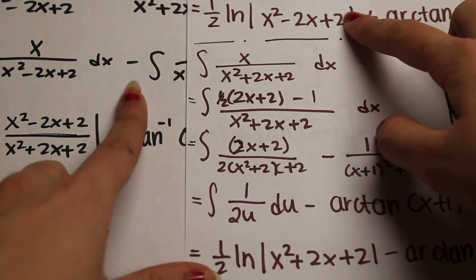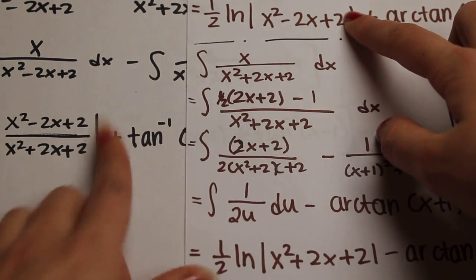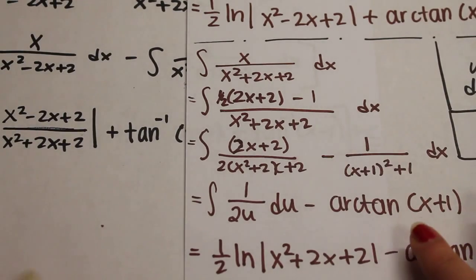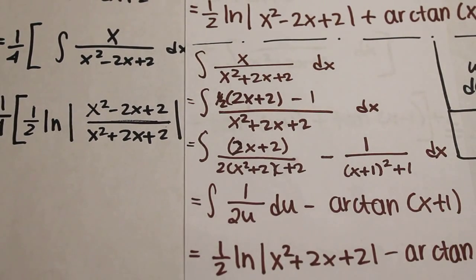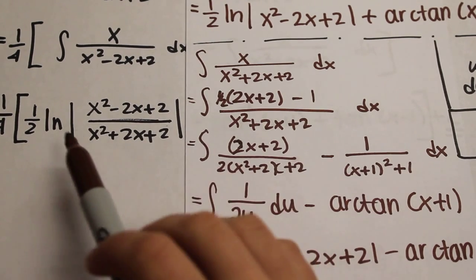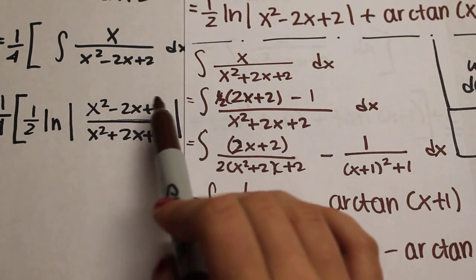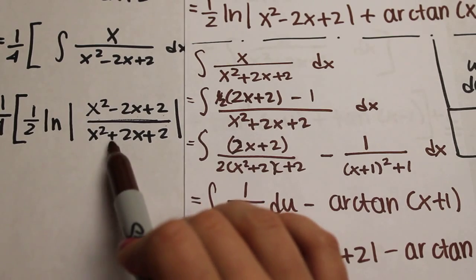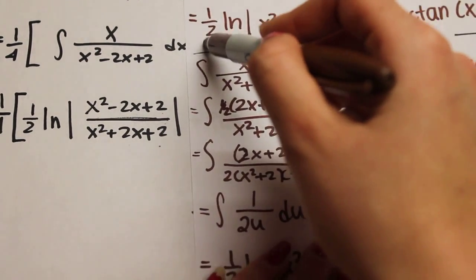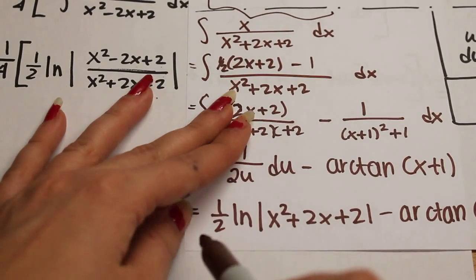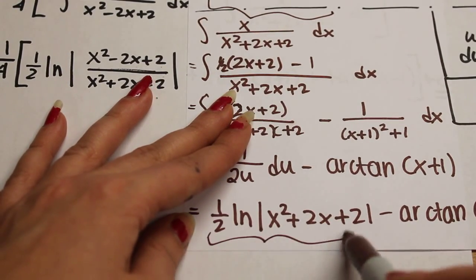Because it's a subtraction between the two integrals, we can use the basic ln formulas and say that ln of x squared minus 2x plus 2 over x squared plus 2x plus 2 is actually equal to this one being subtracted from this one.